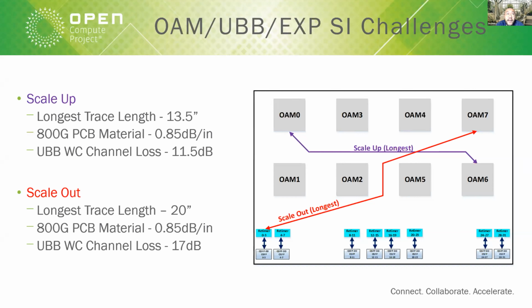Most of them are actually the major network switch players. With their package and their pin map, we did an actual layout on this one. So the scale out winds up with the longest trace at 20 inches. Use 0.85 dB per inch as an empirical value. It winds up at 17 dB on the UBB itself. So please go to next slide.